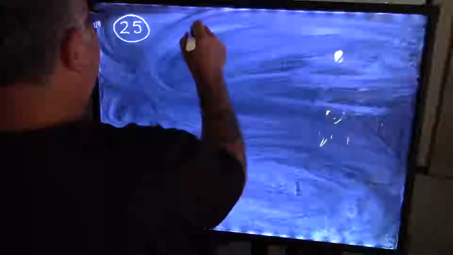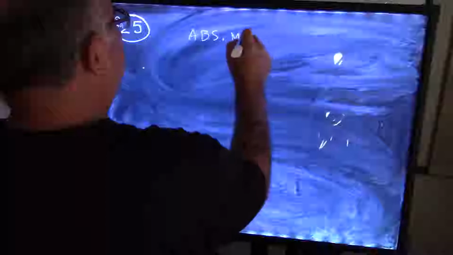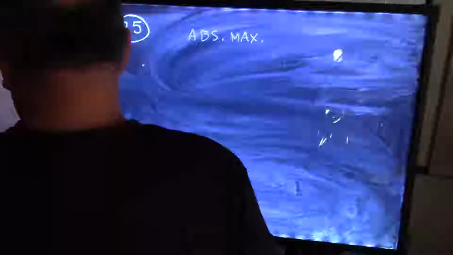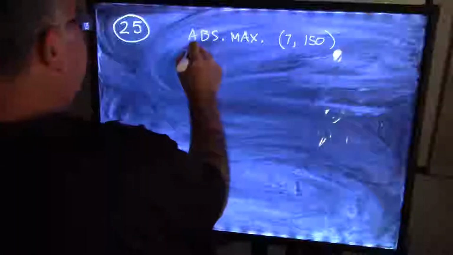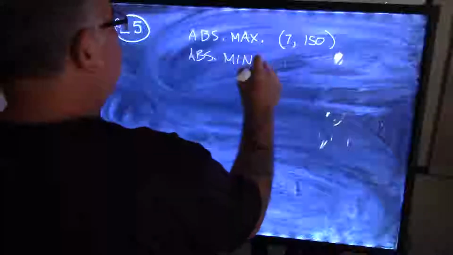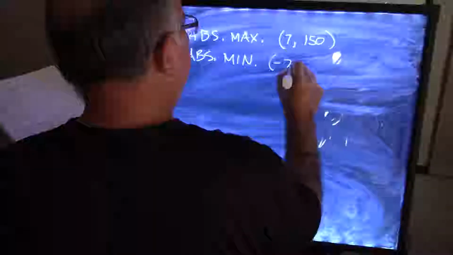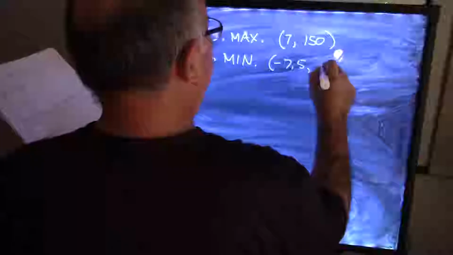Alright. So, let me write these down for you. Absolute max would be 7 and 150. And absolute min is -7.5, -225.